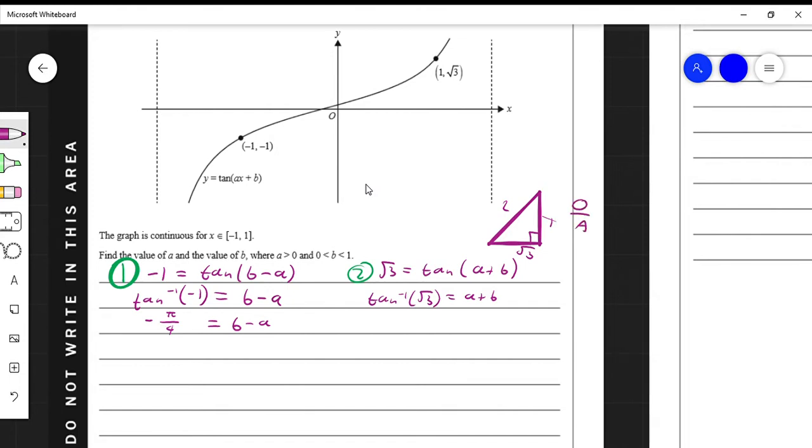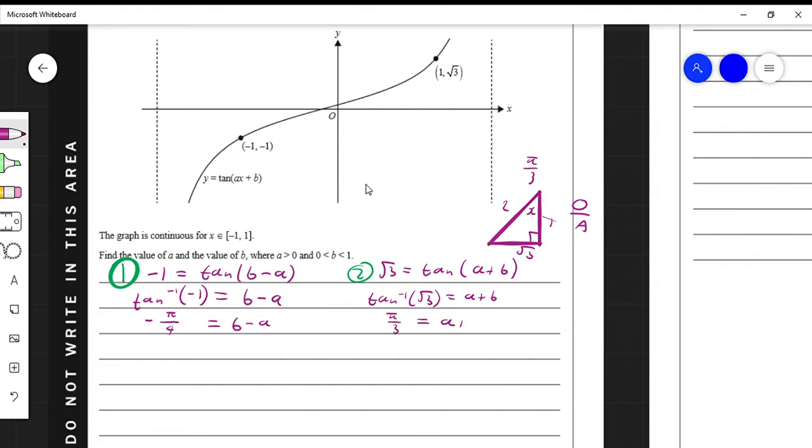So we want the opposite side over the adjacent side to be root 3, which means this would be our angle, because we get root 3 divided by 1. And we know from the triangle that this angle here is going to be pi on 3. So that's a long way of just saying that tan inverse of root 3 is pi on 3.